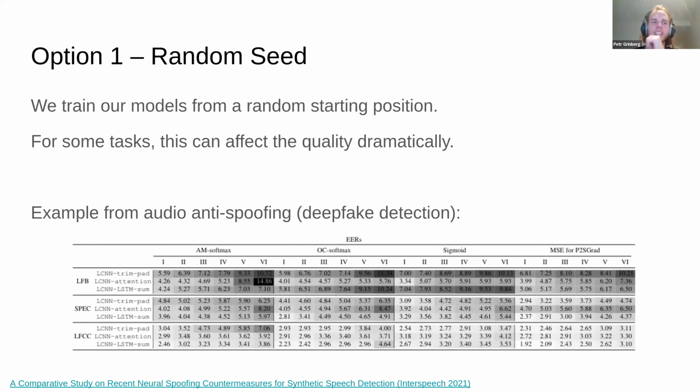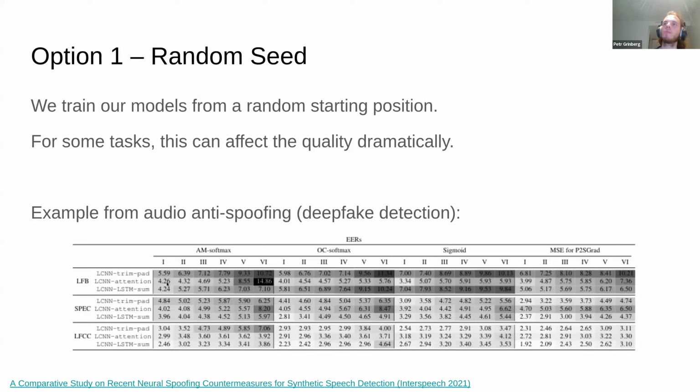For example, there is a paper about audio anti-spoofing, deepfake detection, and they showed that depending on the random seed, the quality can be 3 times worse. For example, here the quality is 4.26 and here it's 14.80. So it's 3 times worse than with the best seeds they had.